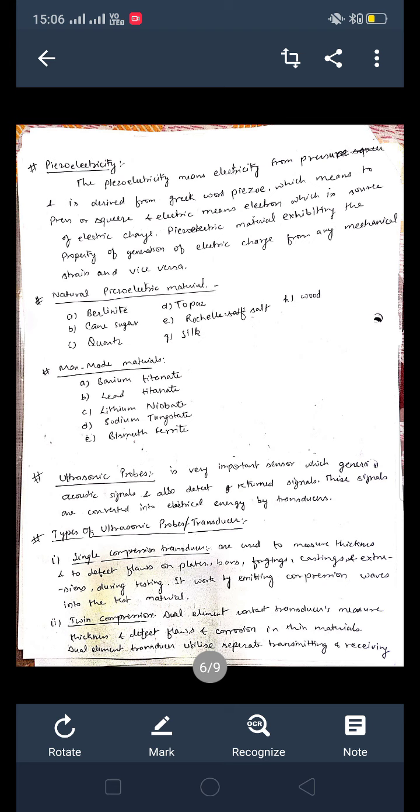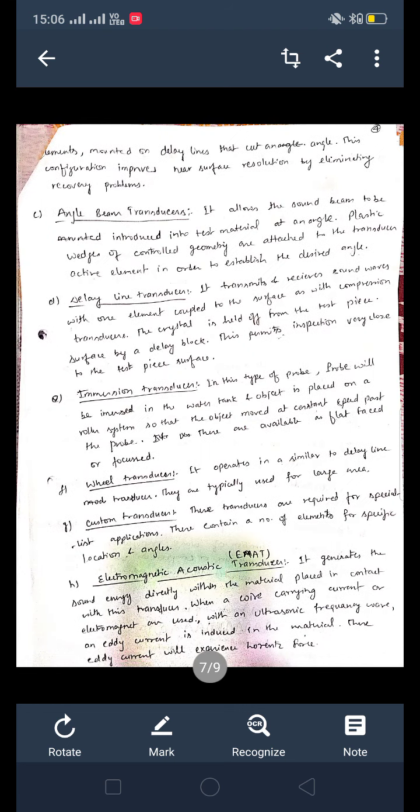Actually, a probe just behaves like a transducer. There are many types of ultrasonic probes or transducers, such as single compressor transducer, twin compressor, angle beam transducer, delay line transducer, immersion transducer, wheel transducer, custom transducer, and electromagnetic acoustic transducer. The most important is the electromagnetic acoustic transducer.